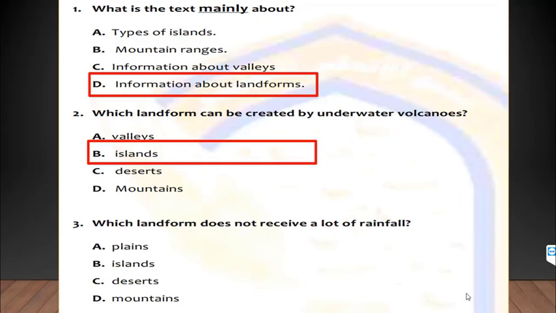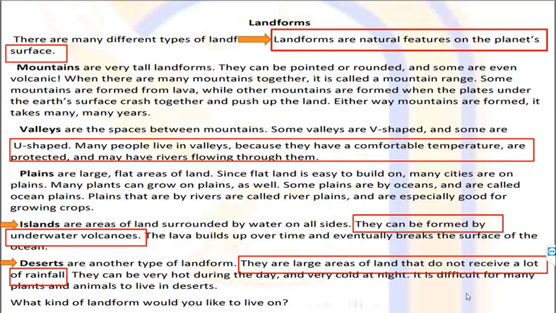Now which landform does not receive a lot of rainfall? Back to the text. Look at paragraph number 6. Deserts are another type of landform.